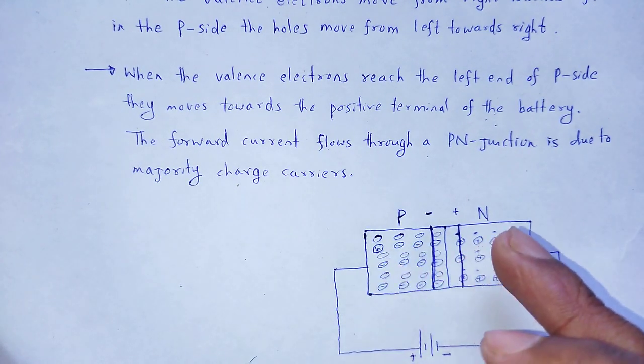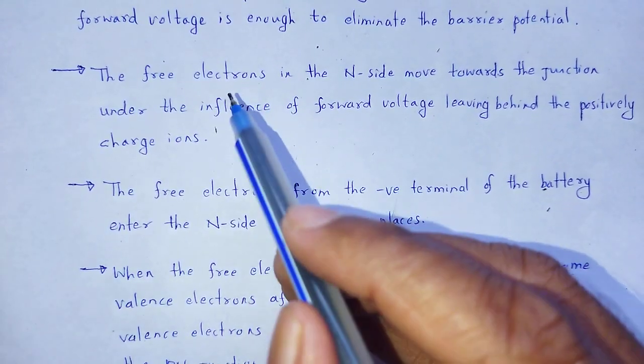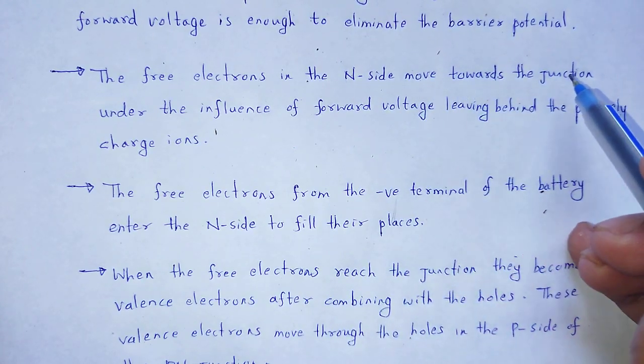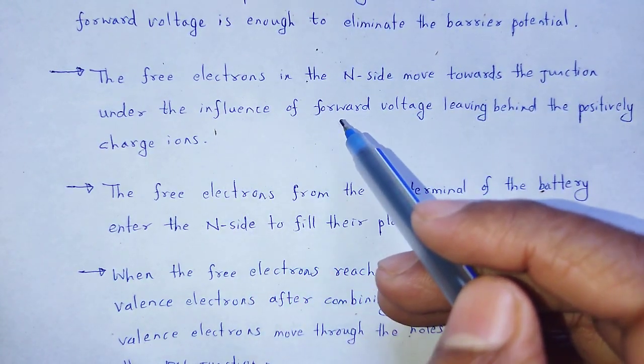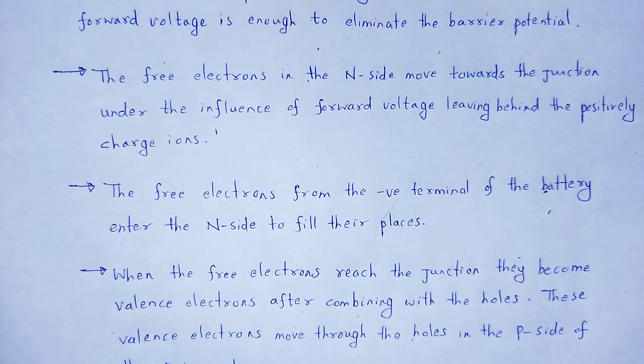Let me discuss what mechanism exactly happens here. The free electrons in the N side move towards the junction under the influence of forward voltage, leaving behind the positively charged ions.